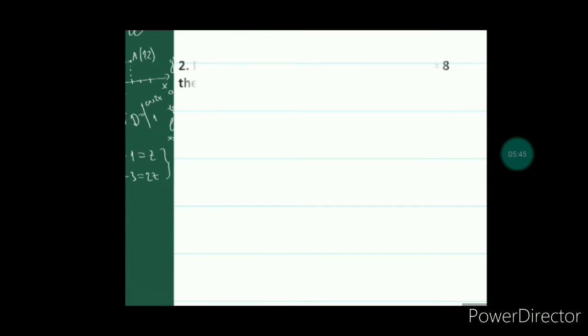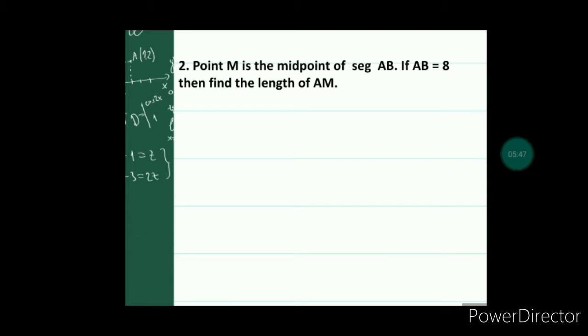Next question is, point M is the midpoint of seg AB. If AB equal to 8, then find the length of AM. We have length of AB is equal to 8.